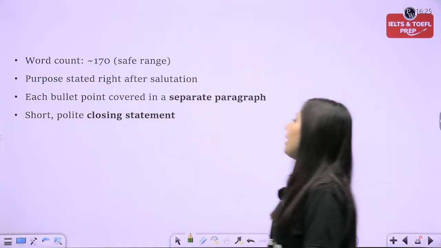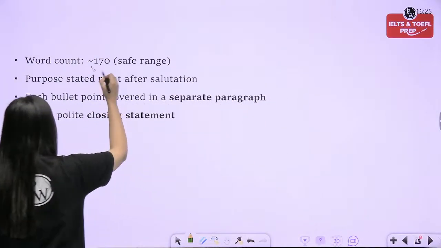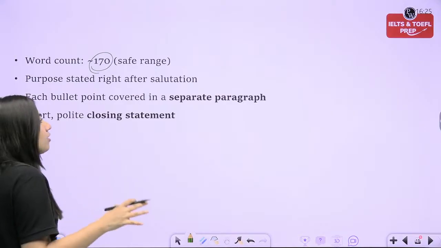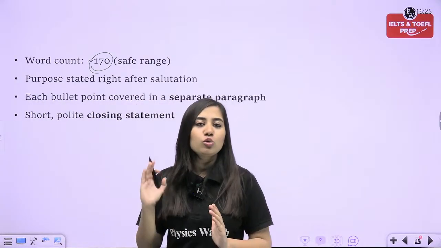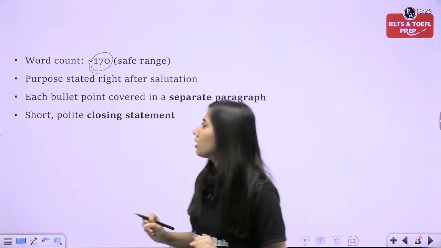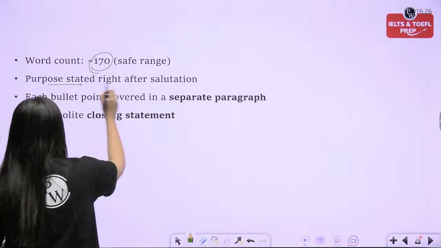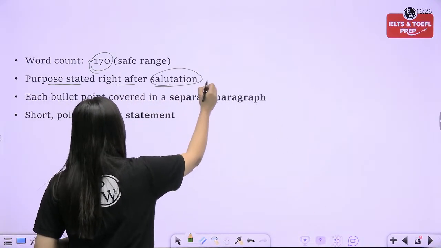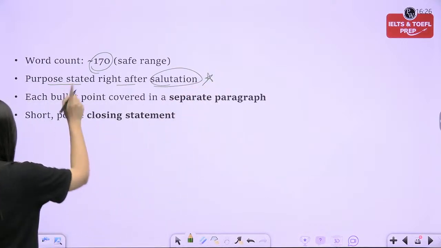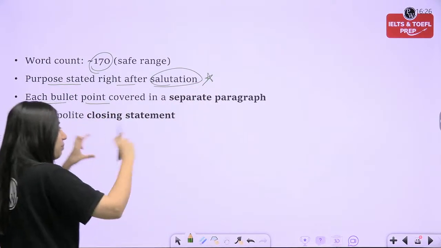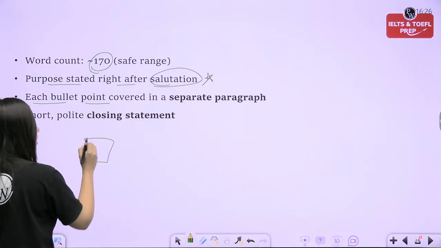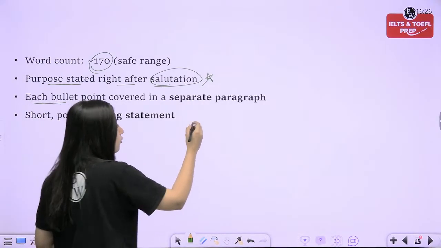Here it was about a 170 words response, which is an ideal range, I would say. You have to keep it within 150 to 180 only, not more than that. Now, the purpose stated right after the salutation was a must, the reason to why we stated that. We also stated each bullet point we covered in our separate paragraphs. Overall you must always have 4 paragraphs.